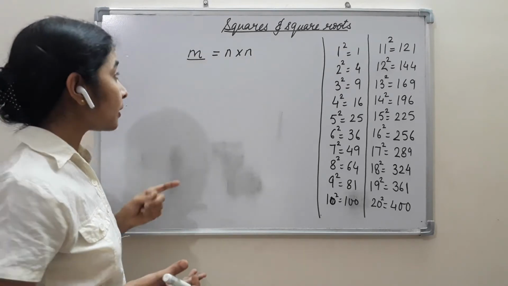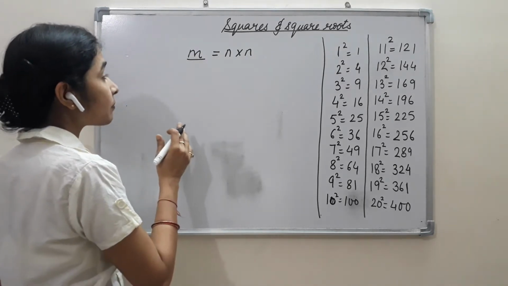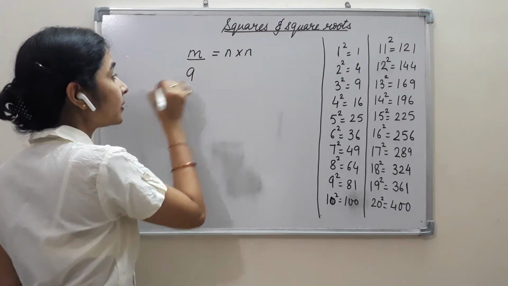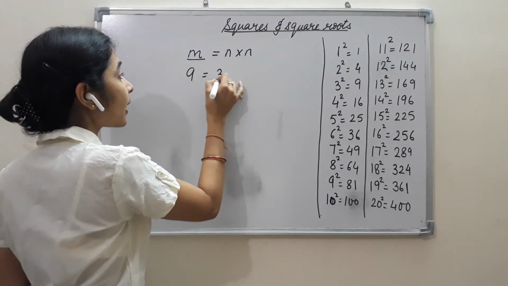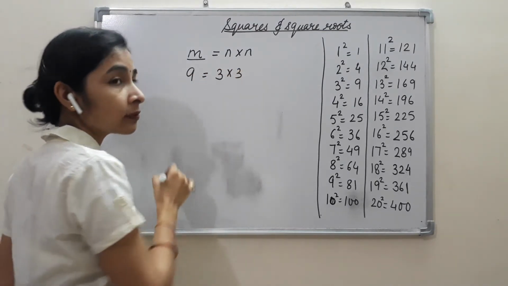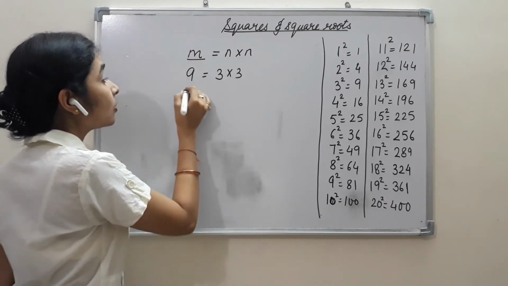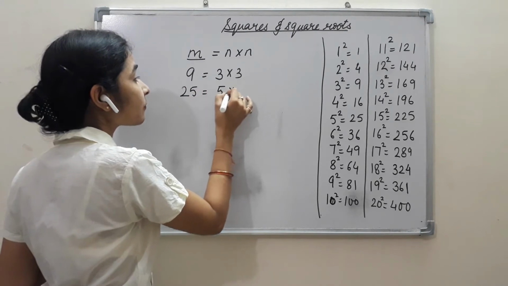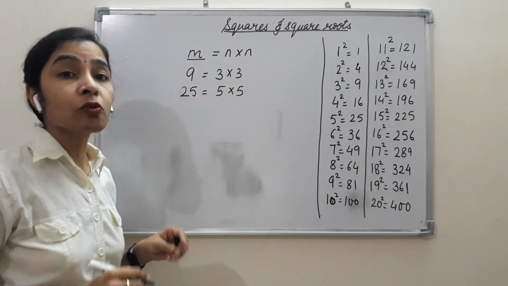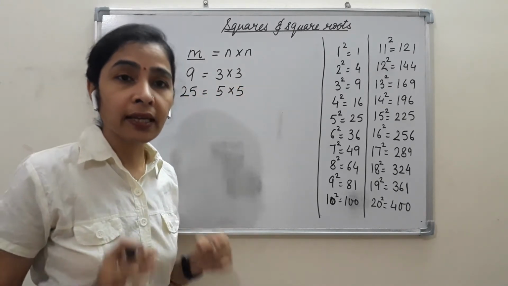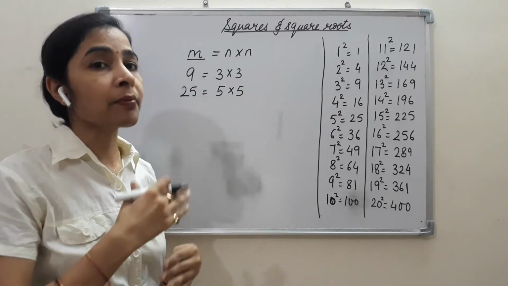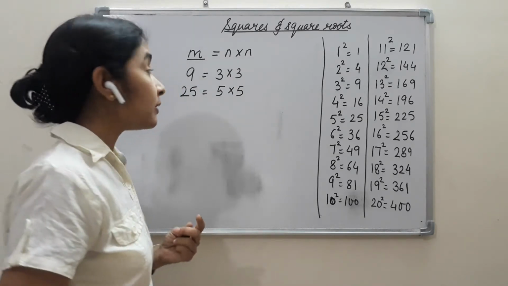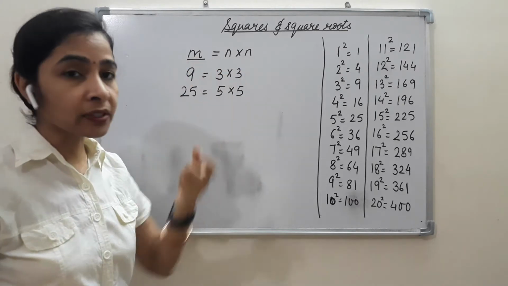If I take examples, 9 is a perfect square as it can be expressed as 3 into 3. 25 is a perfect square, it can be expressed as 5 into 5. Any number which can be expressed as a number multiplied to itself is called a perfect square number.